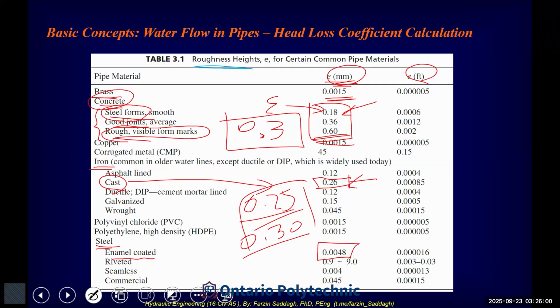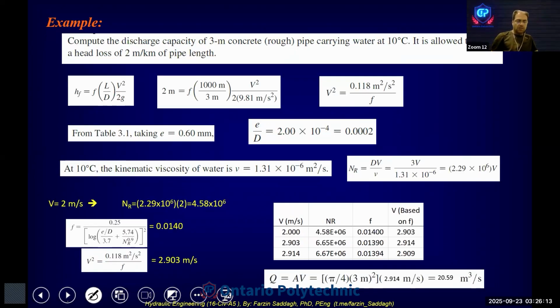Oh, nice. Okay. Compute the discharge capacity of a 3-meter concrete pipe carrying water at 10 degrees centigrade. It's allowed to have a head loss of 2 meters per kilometer of pipe length. So what we have: diameter is 3 meters, water temperature is 10.